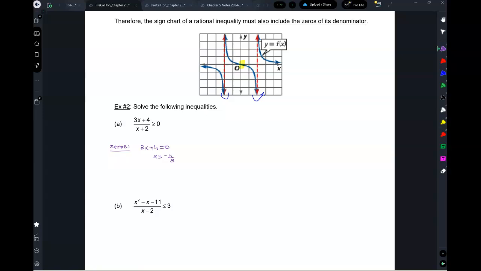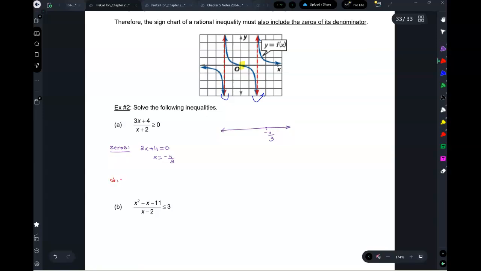So on here, you're going to put negative 4 over 3. But in addition to this, you also have to put in the zeros of the denominator, the discontinuity, the vertical asymptote. So x equals negative 2. Now, x equals negative 2 goes here.